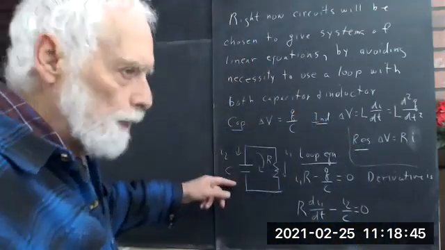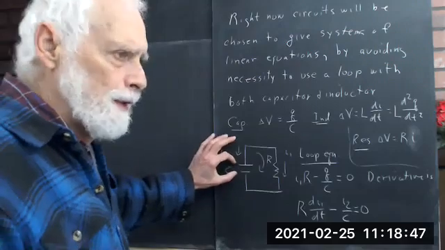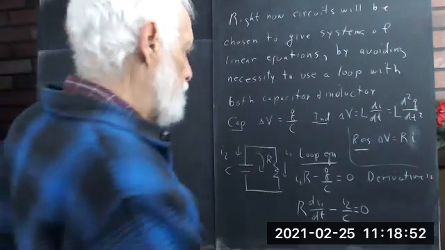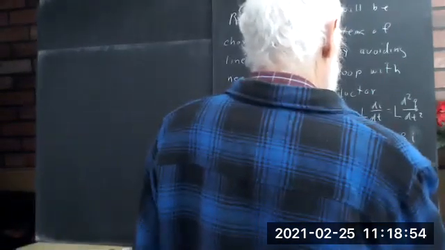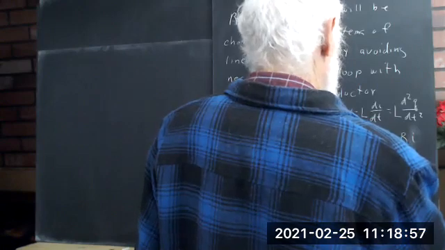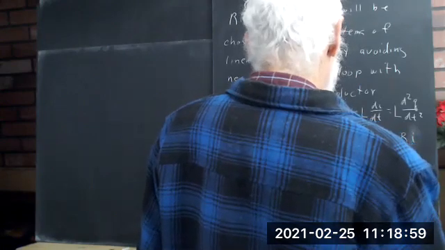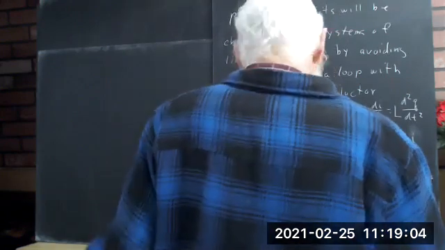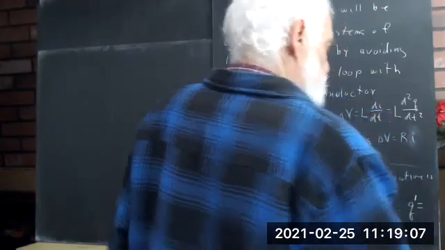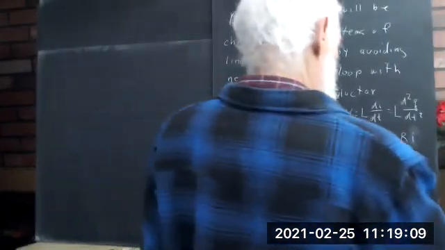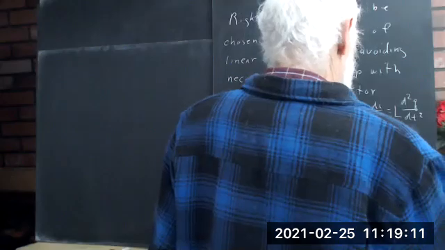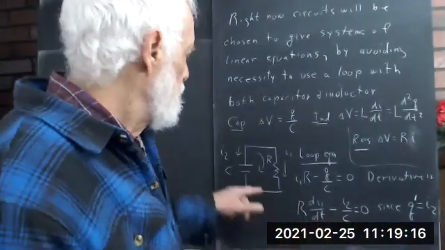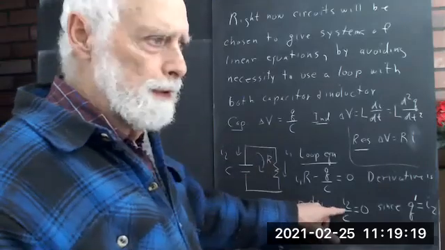Because, of course, the current through the capacitor is the rate at which the charge on the capacitor is changing. I'm going to write Q prime. Okay, so now we can write this loop equation in terms of I1 and I2.